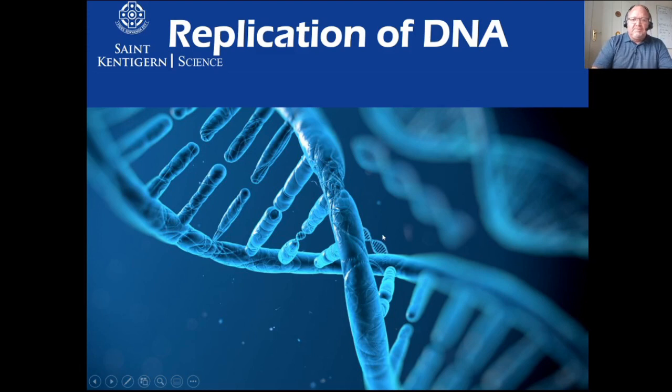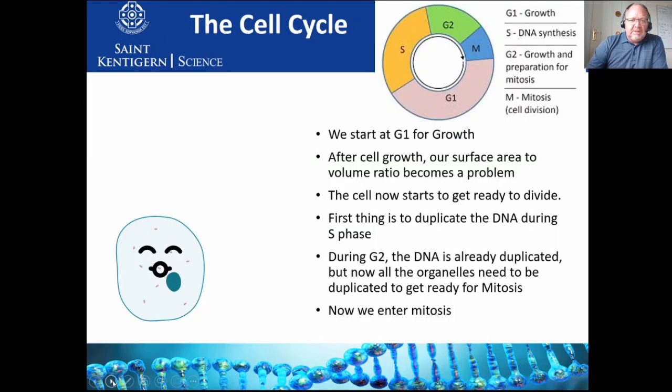Alrighty, so we've got replication of DNA, and this is quite a nice little picture of the actual double helix as we know it today, all because of two gentlemen called Watson and Crick. Now, look, I made you a little animation. I was obviously bored and was playing around with Photoshop. So when we look at the cell cycle, this is the cell cycle over here, and most of the cell's life is spent in G1.